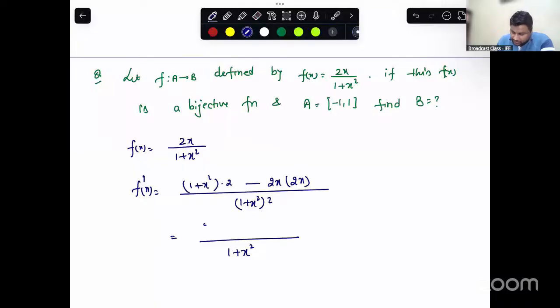Now if I take 2 common, so 1 plus x square minus 2x square. So it is 2 times 1 minus x square upon 1 plus x square.